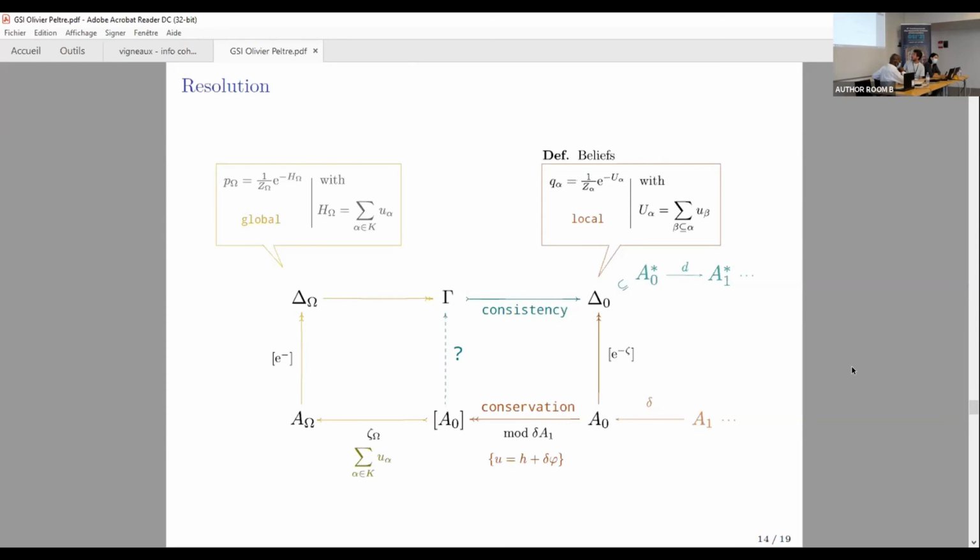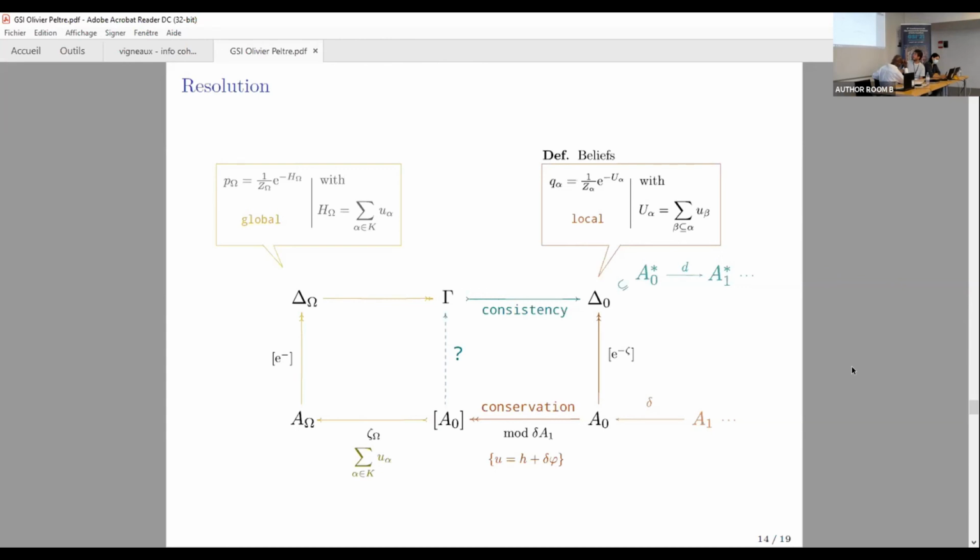And so we have this projection here, which is the homological projection that expresses that if I add any term delta phi, any boundary term, you preserve the total energy, hence the global Hamiltonian, hence the global probability distribution.